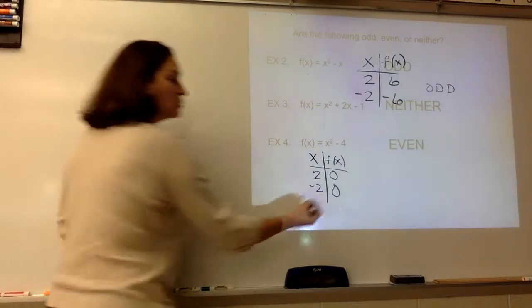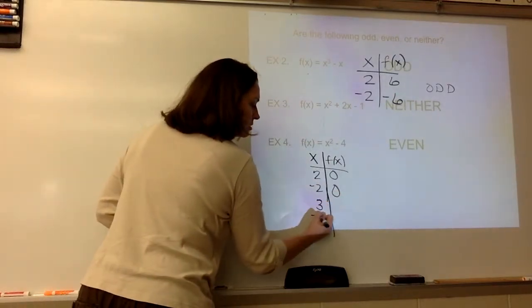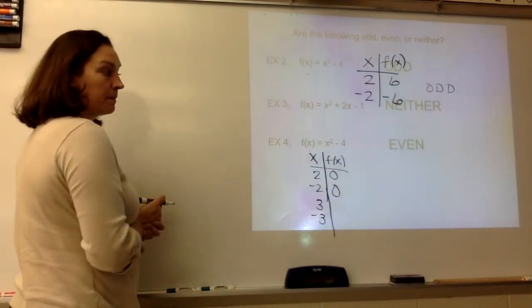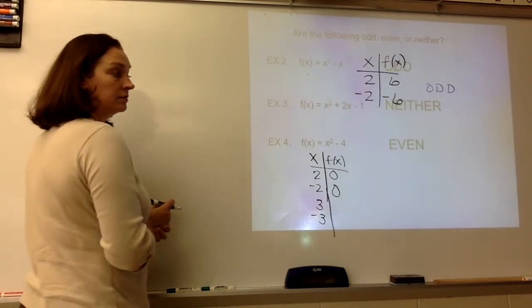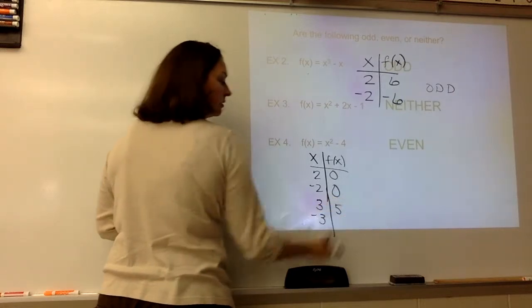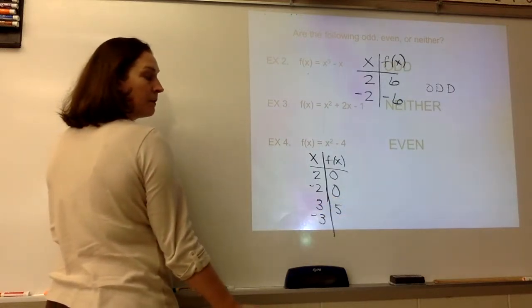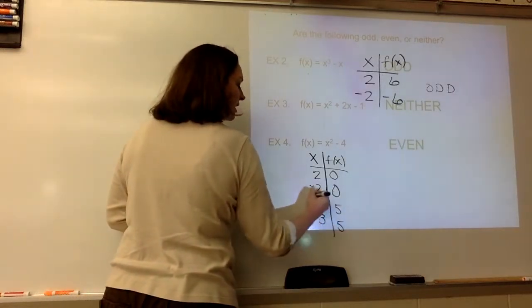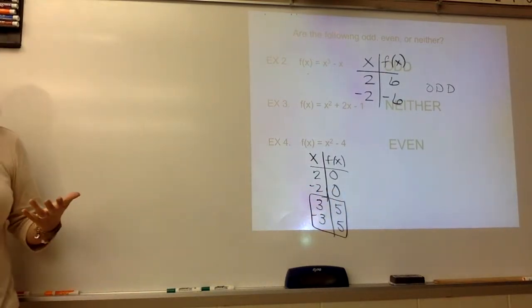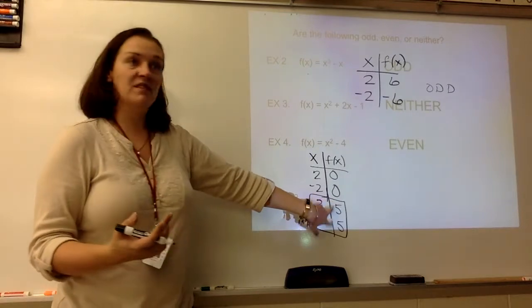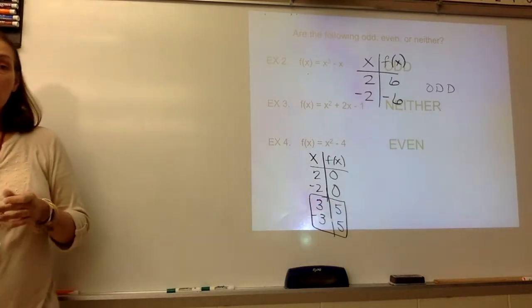No, which means we then need to continue the chart. So try 3 or negative 3. What do you get out? Plug in 3, 5, plug in negative 3, 5. So we're going to examine this piece of the chart. Does that illustrate even? Yes. We don't have a sign change, but we have the same number exactly. Questions?